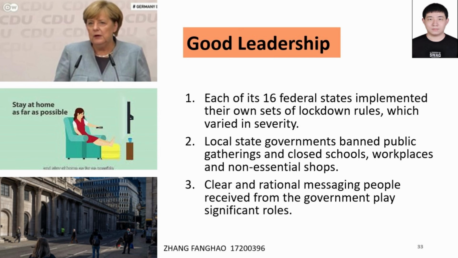Besides, local state governments banned public gatherings and closed schools, workplaces, and non-essential shops. The public gatherings are strictly prohibited by the government. Once a person was found violating the rules, he or she would be penalized or even jailed and sentenced. Apart from those, clear and rational measures from the government are also very crucial.